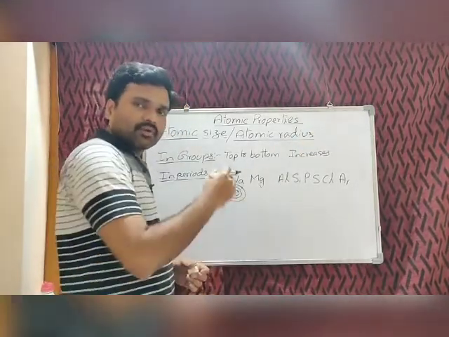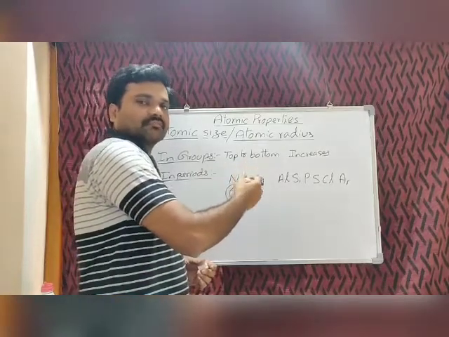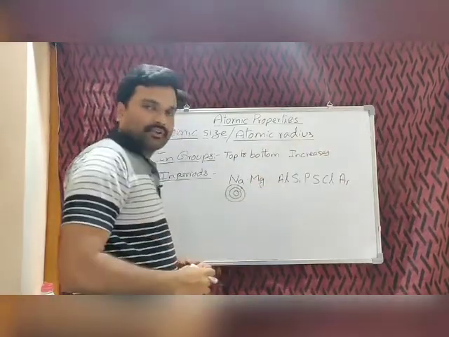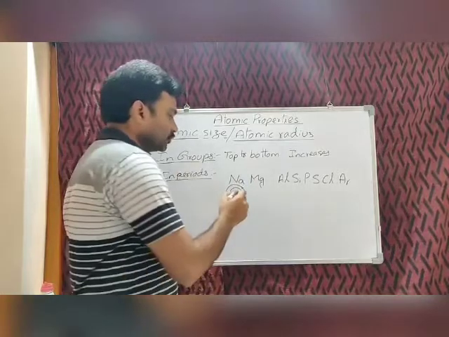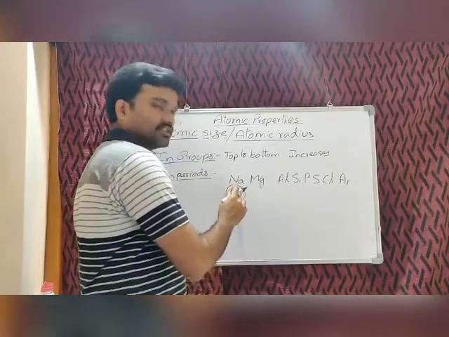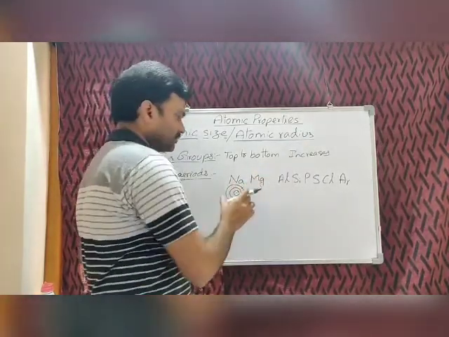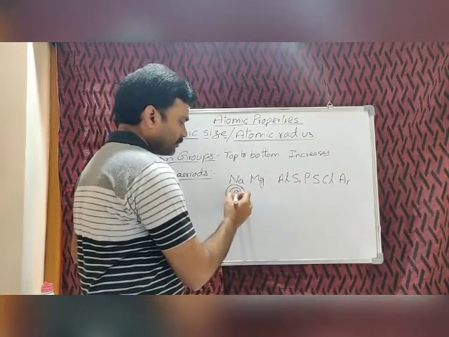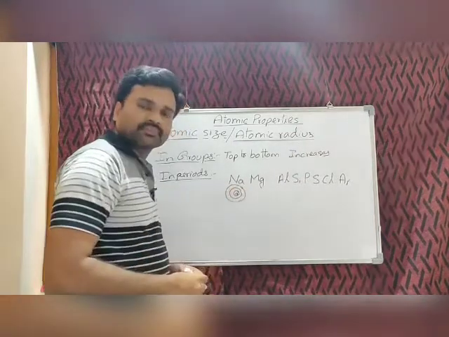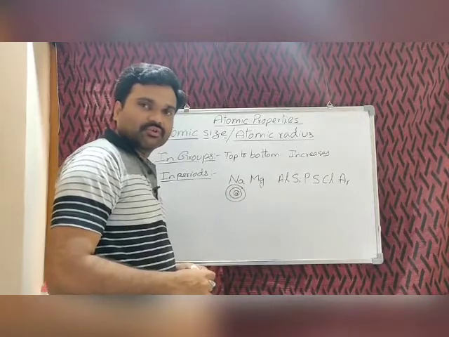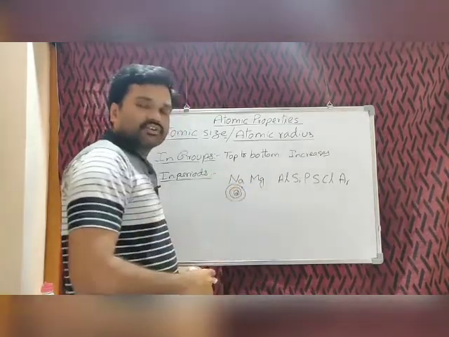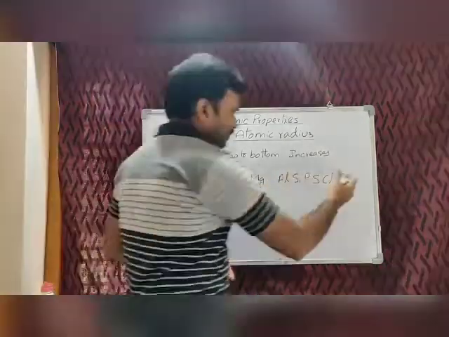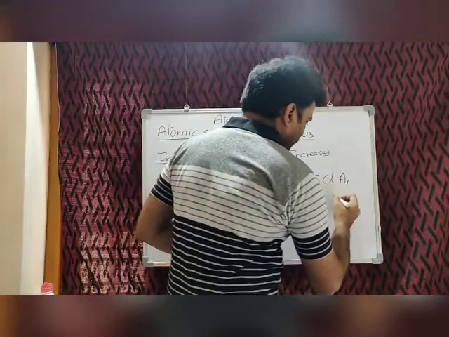That means the number of valence electrons increases from left to right in the period. At the same time, nuclear charge also increases from left to right. If you observe sodium, there are 11 protons in the nucleus, meaning 11 units of positive charge in the nucleus, and 1 valence electron. Now consider chlorine.